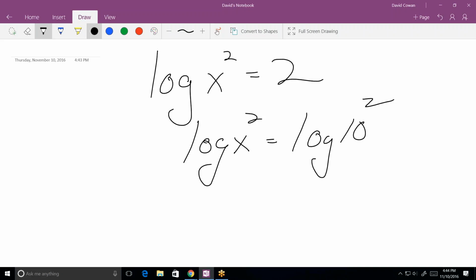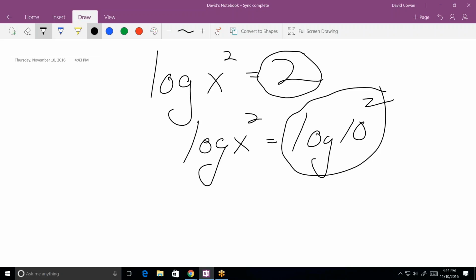In other words, what they did was they rewrote 2 as this. Notice that's a true statement. Whenever you have the log base b of b to some exponent, it's equal to the exponent. And now, from the one-to-one property, I can say that equals that, right?